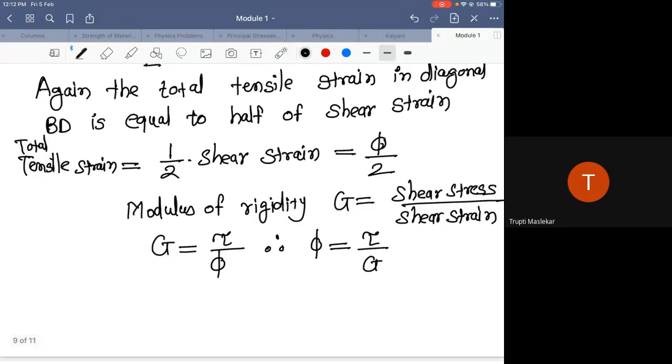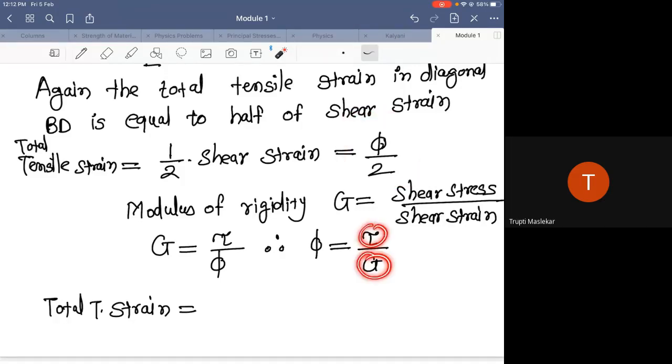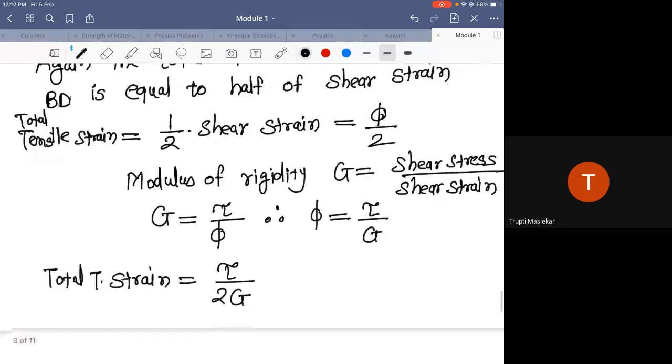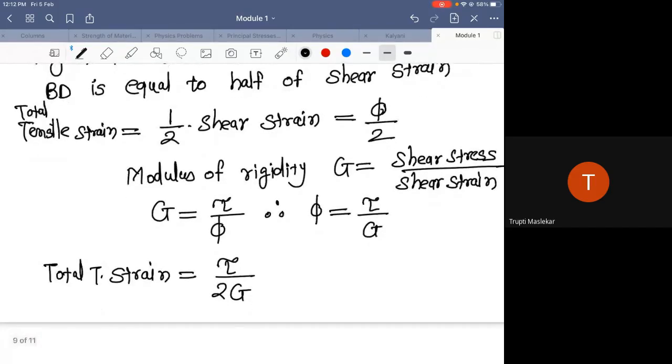And now our total tensile strain becomes, already it is phi by 2. In place of phi, I will write tau by G. So tau divided by 2G. And now I will give this as equation number 4.